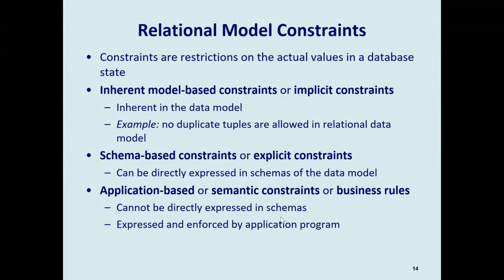And then there are application-based constraints, also called semantic constraints or business rules. Those constraints cannot be expressed in the schema of the data model, but they can be expressed and enforced by the application program. One example might be if you're running an online retail store. You may want to promote the sales of certain items.